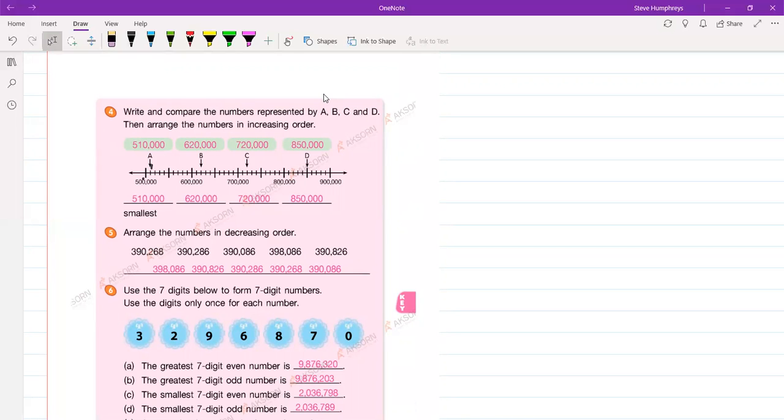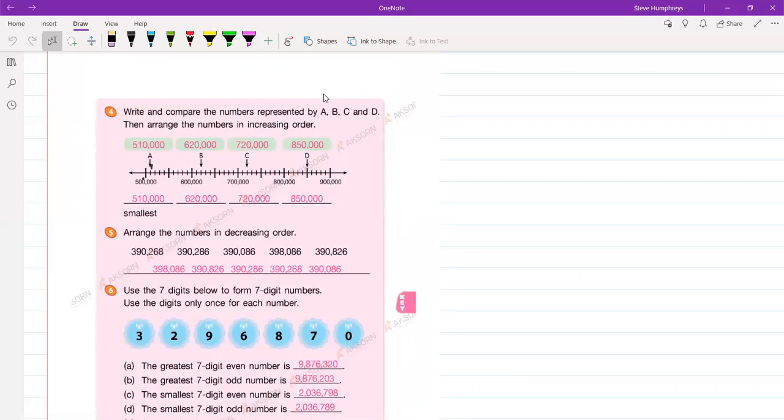And that's 600,000. So each increment is 10,000. So it's not 500,000, it's the next increment, you're going to add 10,000.